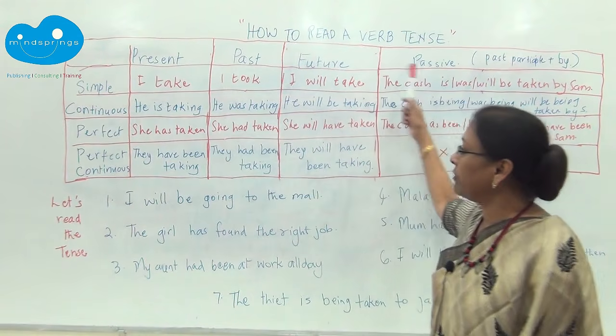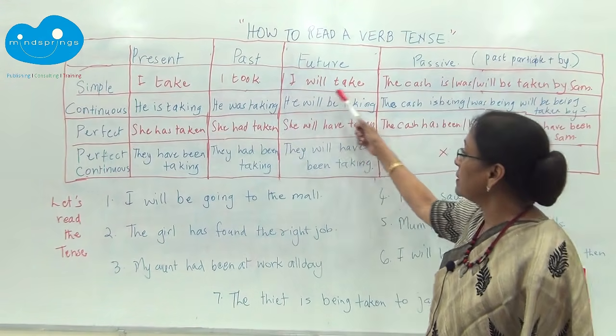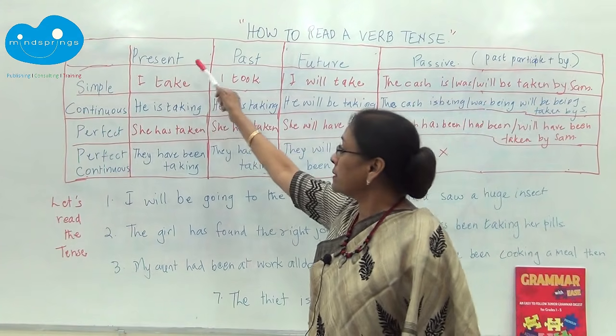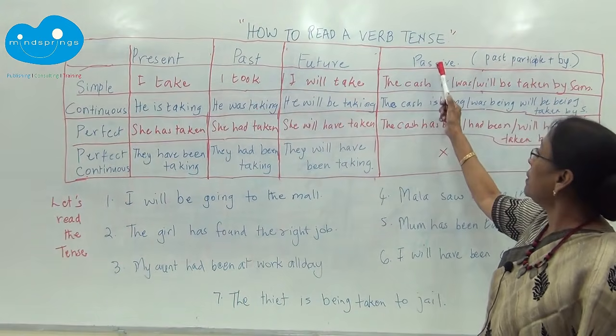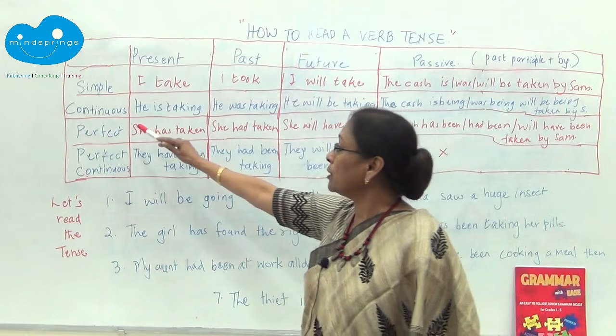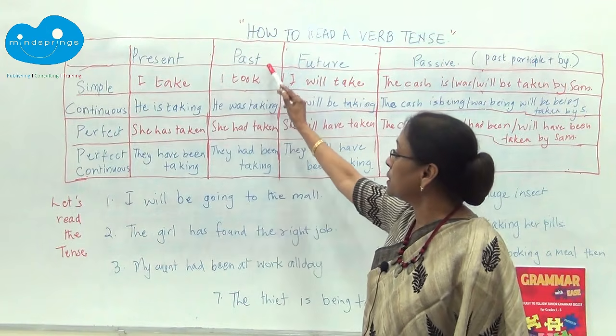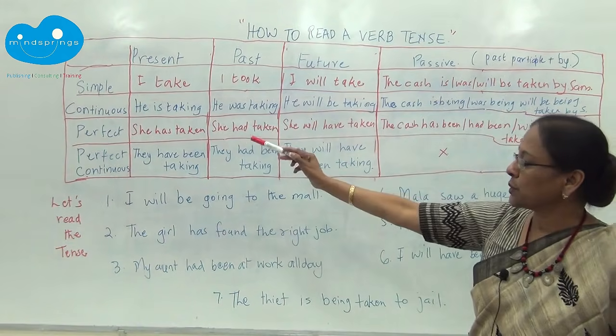It's basically divided like this. So I put a table for you. You've got the simple tenses there: simple present, simple past, simple future, and simple passive. Similarly, you've got continuous: present continuous, past continuous, future continuous, passive continuous.